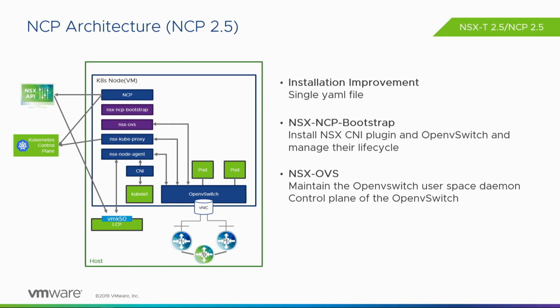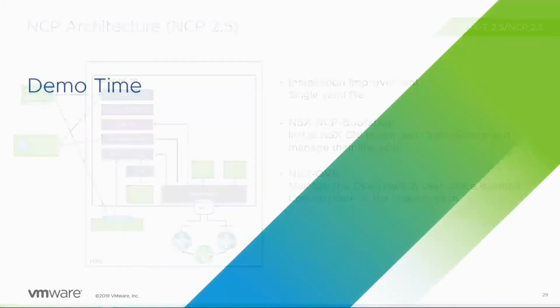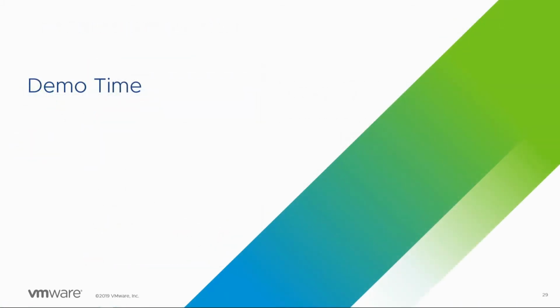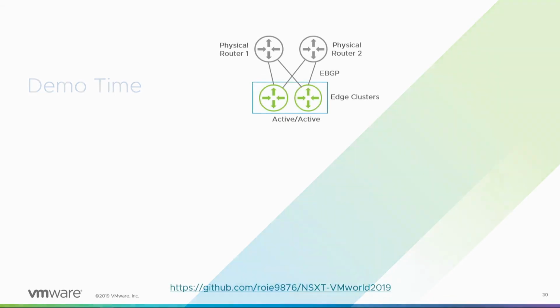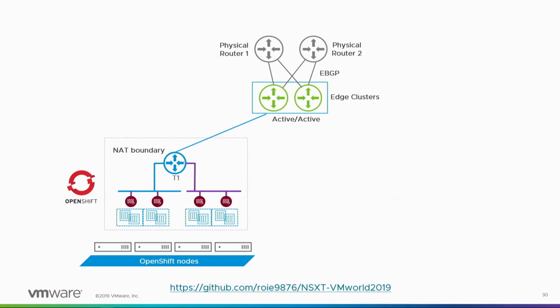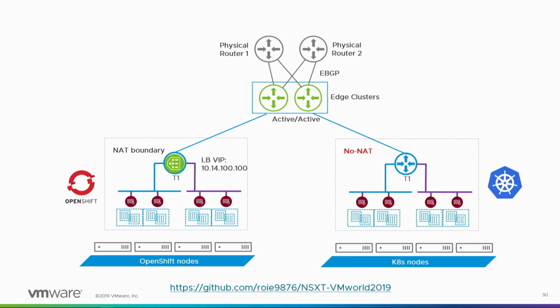Yeah. So about the demo, it's the same topology that we showed before. So we have the gateways running in active-active, and we have the OpenShift cluster and the Kubernetes cluster. I would like to give credit to a friend of ours, an employee of VMware.